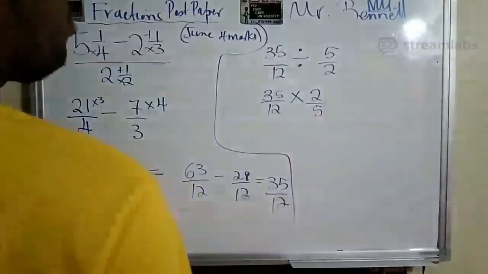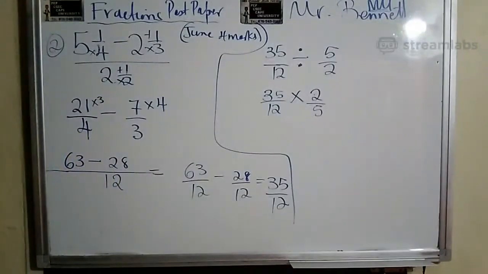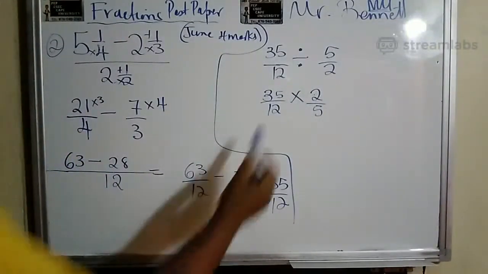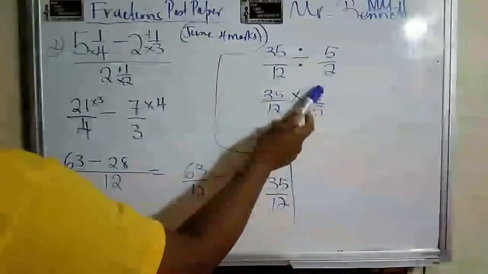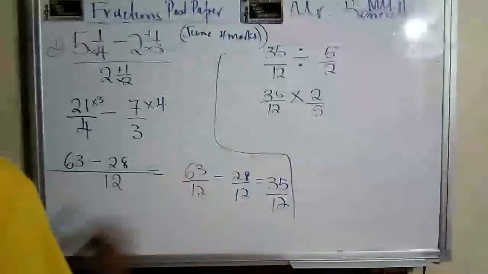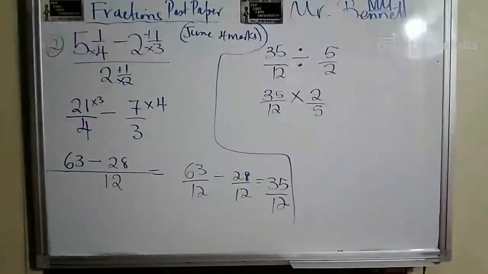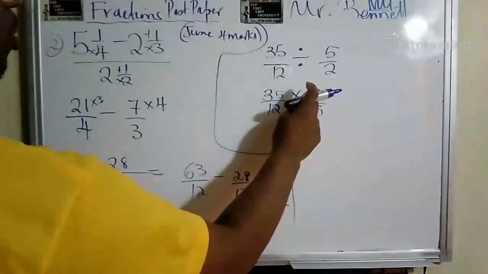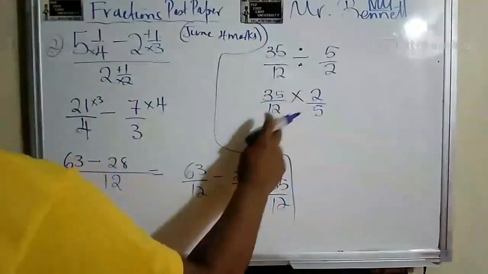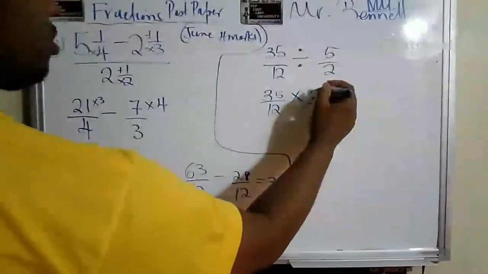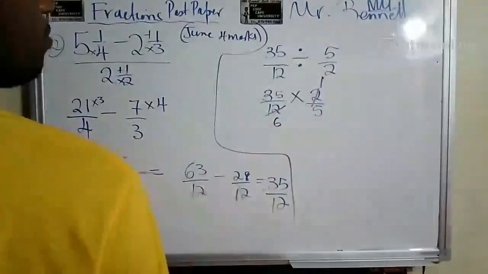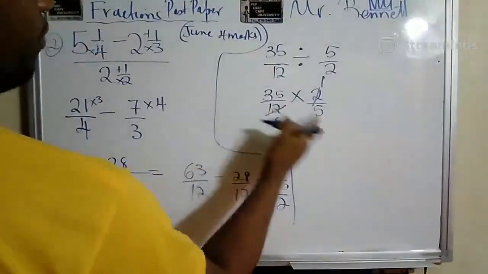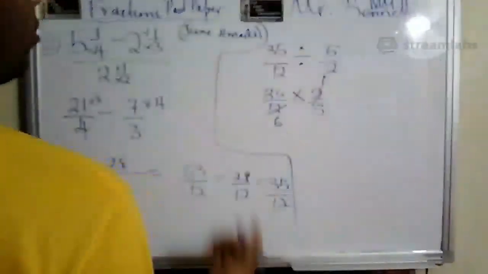And now we can cancel. We can look at what's common, what number can divide into the numerator or the denominator. It must be the same number. For example, 2. 2 can go into 2 and 2 can go into 12. So 2 into 2, 1. 2 into 12, 6. And then now we see if 5 and 35 or 6 can go into 35, right?